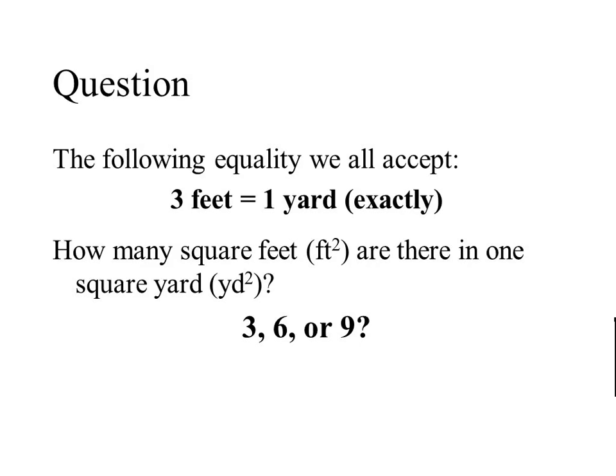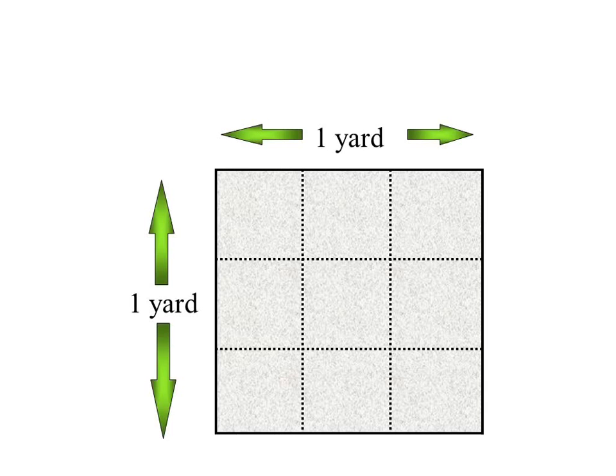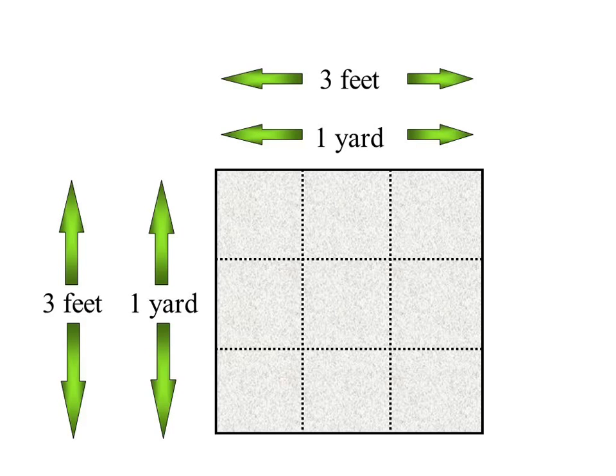Okay, very good. Well, we're going to do that using factor label. We're going to do that conversion. So yes, there are 9 feet squared, 9 square feet, in 1 square yard. So how this would look then is like this.